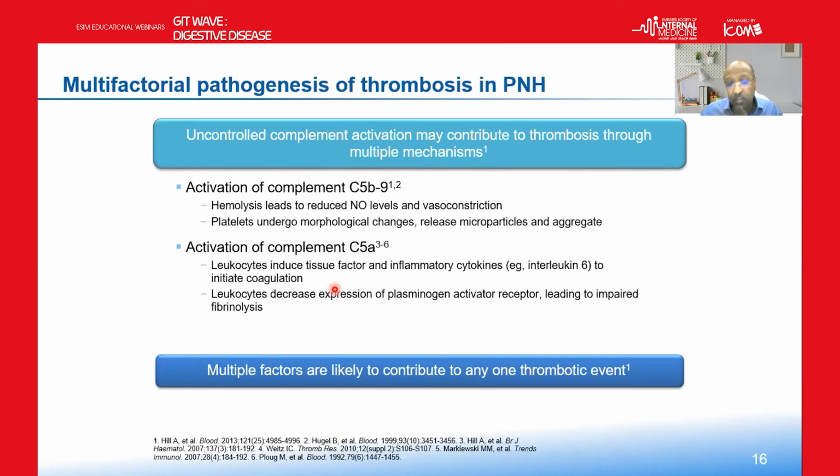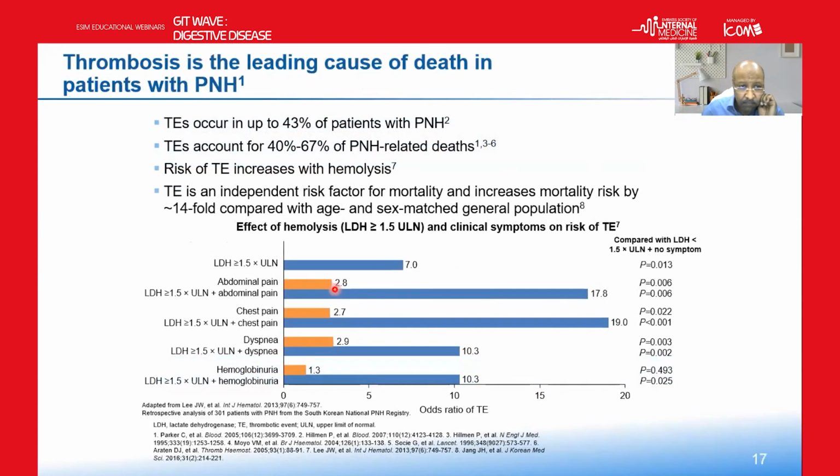It also leads to leukocyte activation with release of inflammatory cytokines, which is a pro-thrombotic condition, and also leukocytes have decreased expression of plasminogen. And this will impair fibrinolysis, so it will lead to increased risk of thrombosis. So multiple factors are likely to contribute to thrombosis rather than one event.